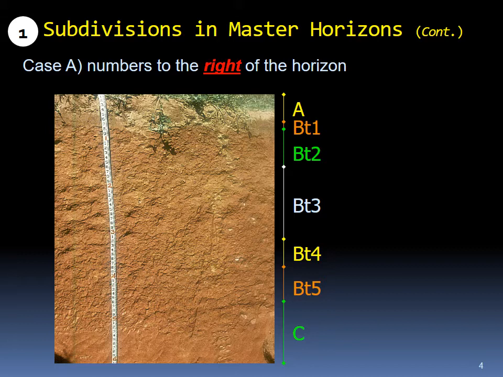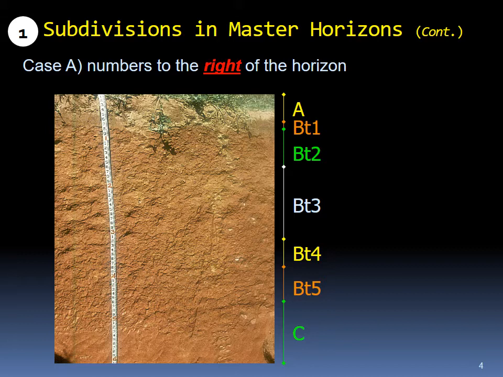In this profile you have a soil profile that consists of three master soil horizons. You have A at the top, then you have B, and then you have C. Now, if you look at B, it is a B horizon with accumulation of clay, because it is indicated by t.